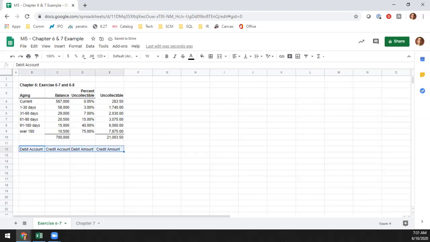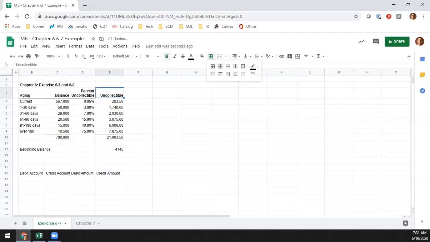And I'm going to do an intermediary step here. Okay, our beginning balance is 4145. Now it says it's negative 4145. Remember that uncollectible accounts is a contra account.